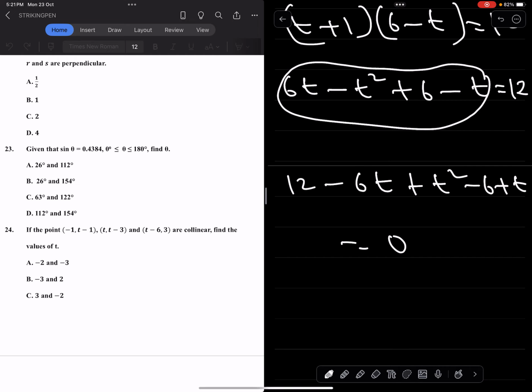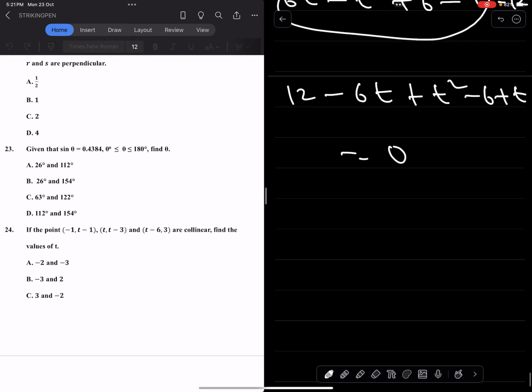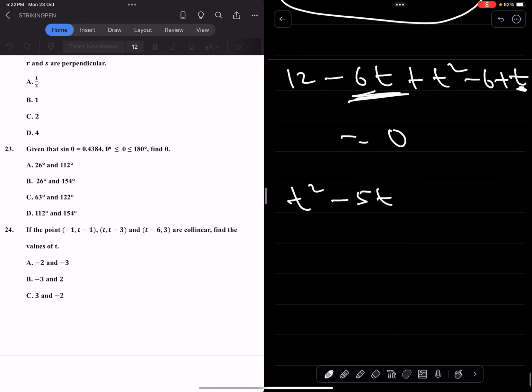That's going to mean 12 minus 6t plus t squared minus 6 plus t equals 0. And that simply means t squared, minus 6t plus t is minus 5t, so t squared minus 5t, and 12 minus 6 is 6, equals 0.